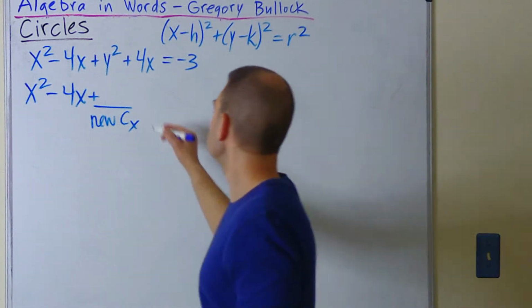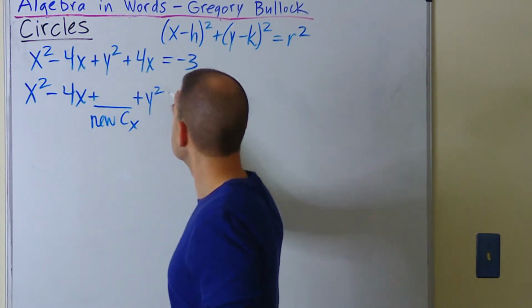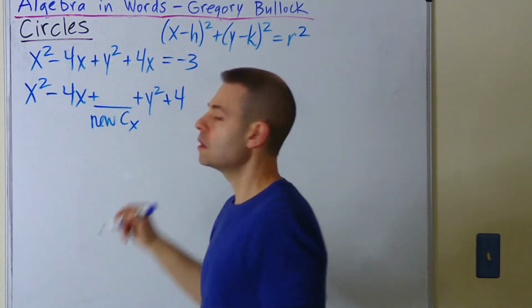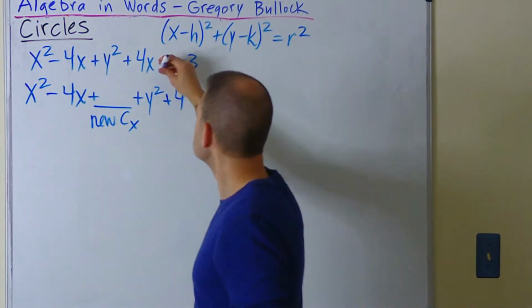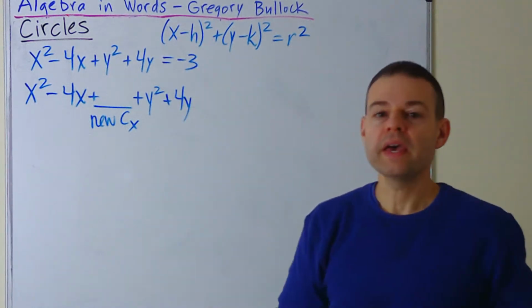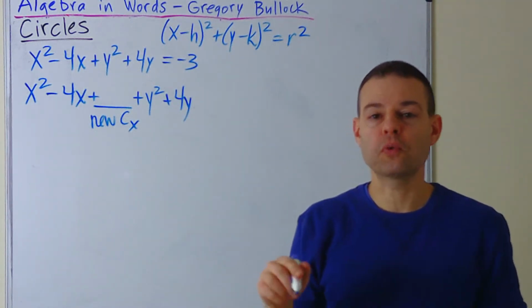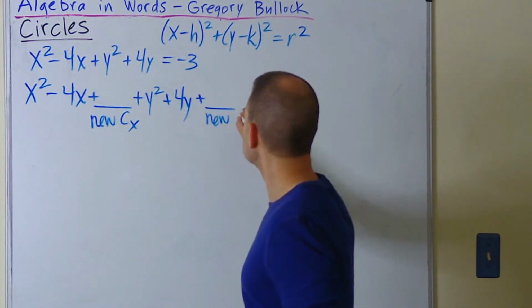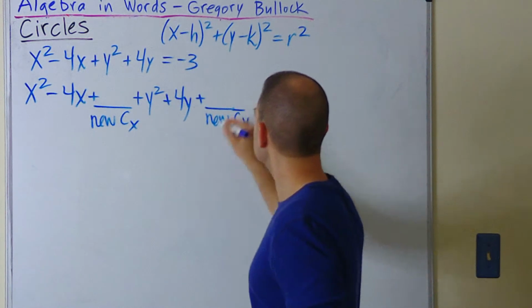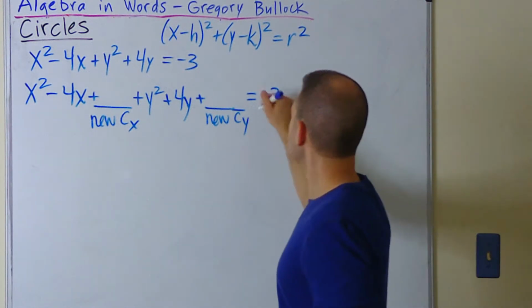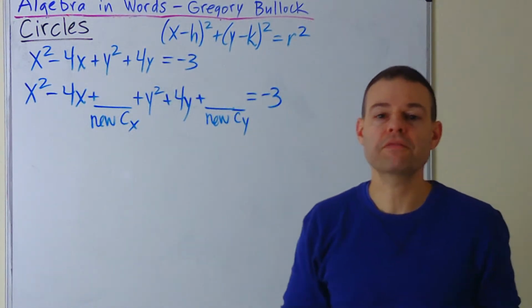Plus y squared plus 4y. And then a space for the new c for y. Okay, and now equals, and rewrite the constant -3.